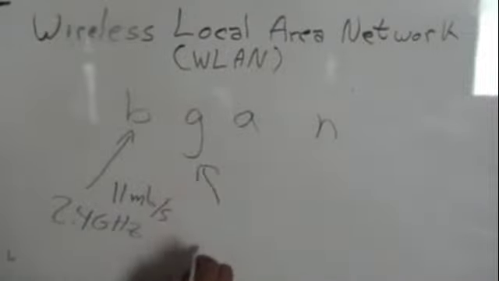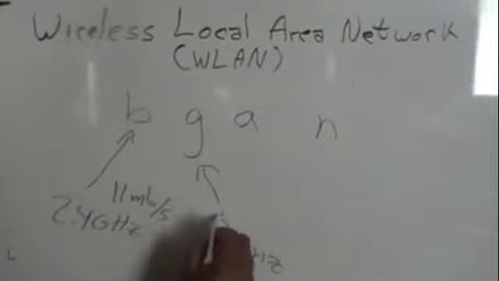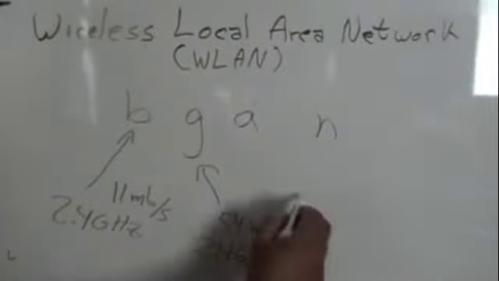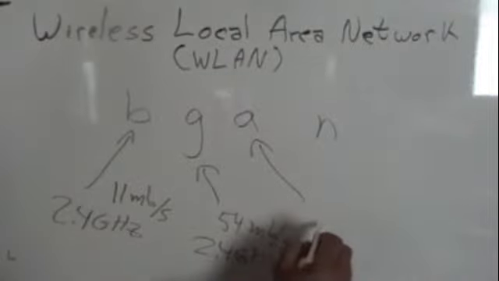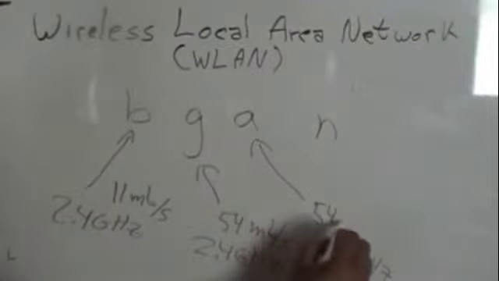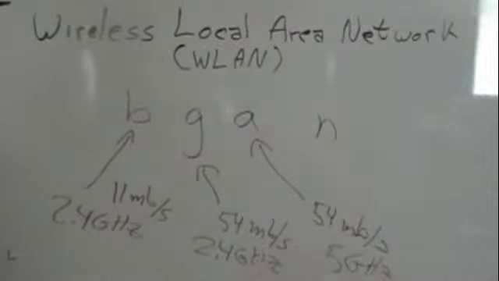G is a 2.4 gigahertz signal at a 54 megabits per second rate. A is a 5 gigahertz signal at a 54 megabit per second rate.